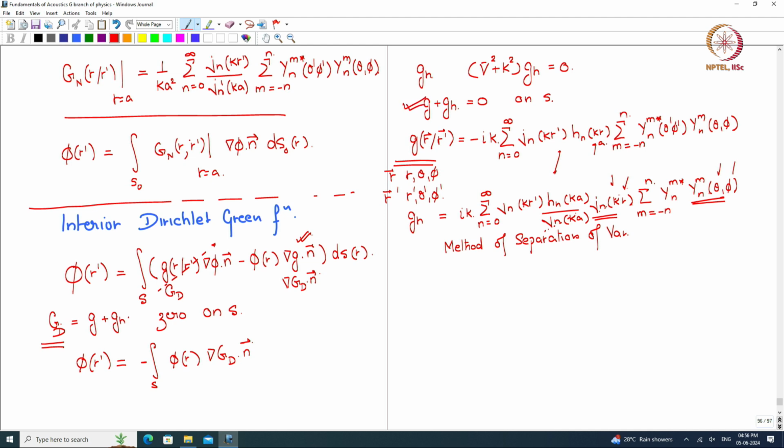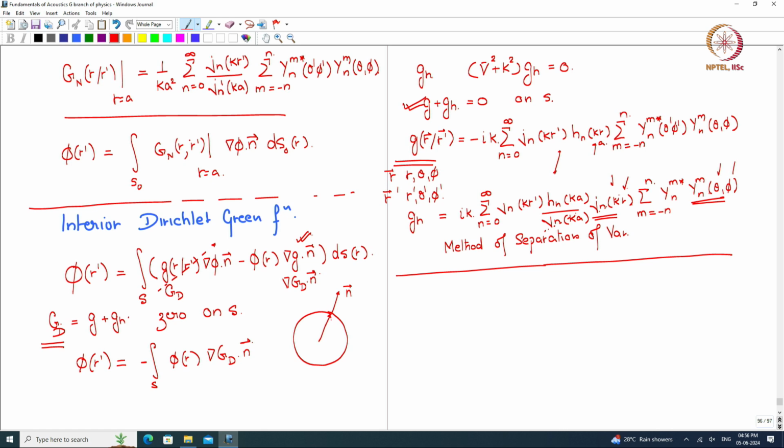Okay. So now what we have here is an interior problem. Here the n points in that direction, and of course the r also points in that direction.